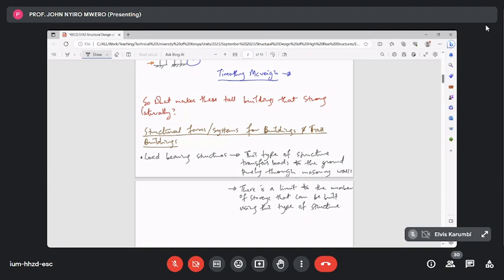Most design standards for earthquake loading, or what is referred to generally as seismic loading, give guidance to say, for this region where there are a lot of earthquakes, you can only do this number of floors. For this region where the earthquakes are a bit lighter, you can do slightly taller structures.